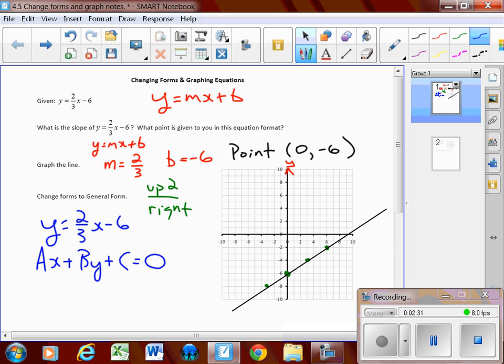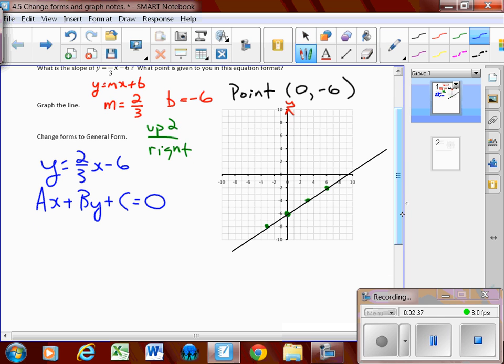And again, when we work it out this way, we always want to try and keep our a value positive. So to do that, we have dividing by 3 and we have subtracting 6. I'm going to recommend that we actually multiply to get rid of the fraction first. So we're going to take everything in this top equation and times it by 3, because that's my fraction.